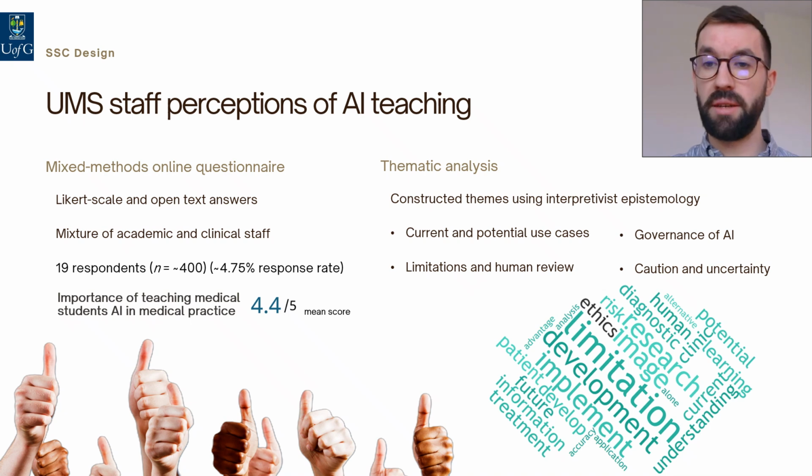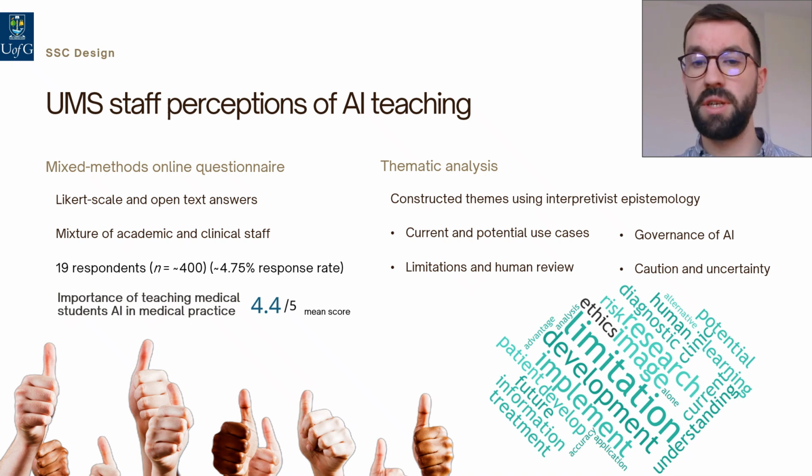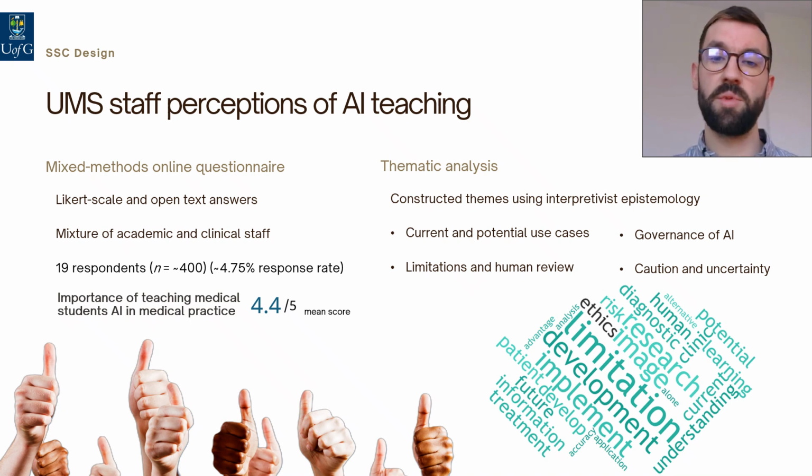From the open text questions, I used thematic analysis to construct the following themes using interpretivist epistemology, and I found that these themes were current and potential use cases of AI, the limitations in human review, the governance of AI, and the caution and uncertainty of use of AI, as demonstrated by this little word cloud here.